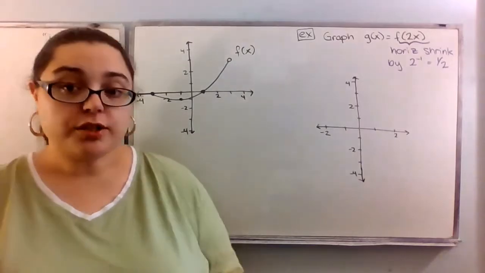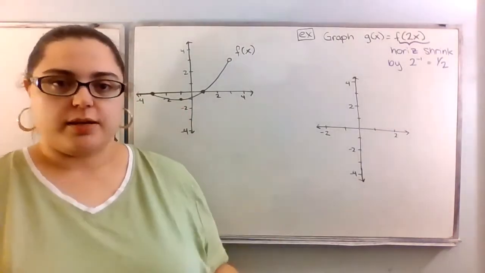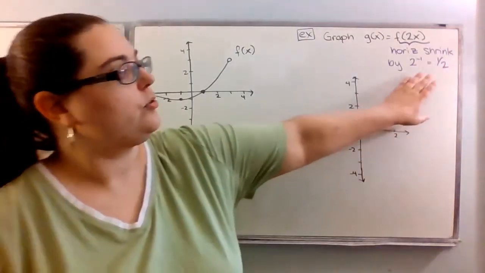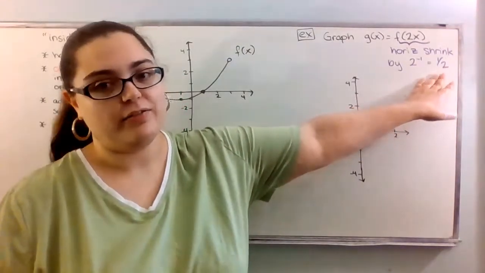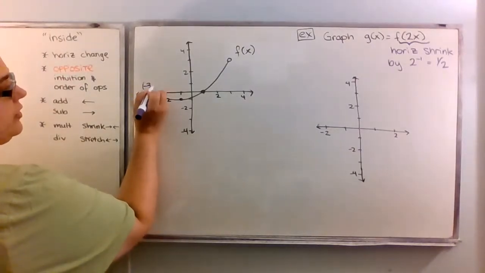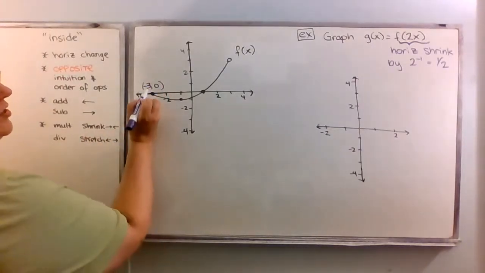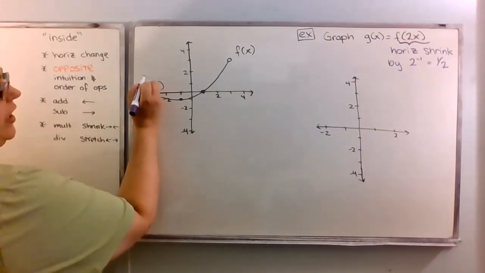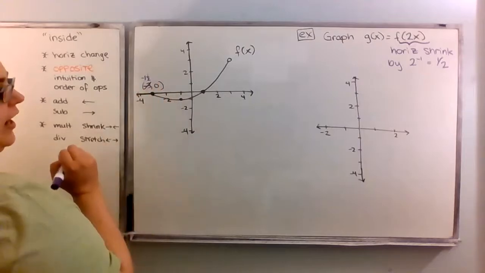Then, as we did with the shift, we're going to do the same thing to our x values here. So we are going to cut each x value by half. So for instance, when I'm here at -3, 0, I'm going to divide this x value by 2. So that makes it -3/2, which is -1.5.